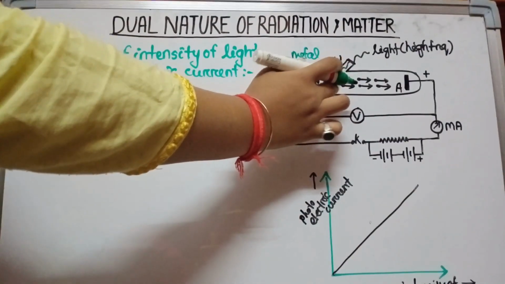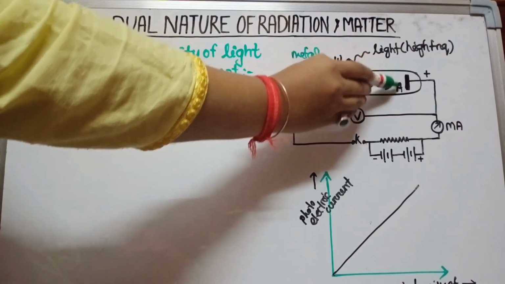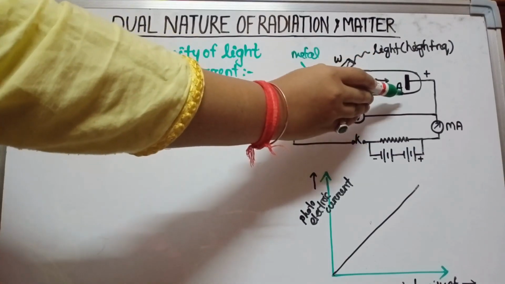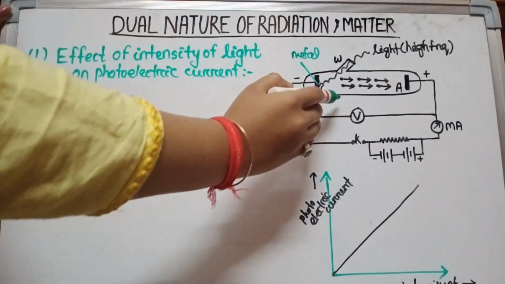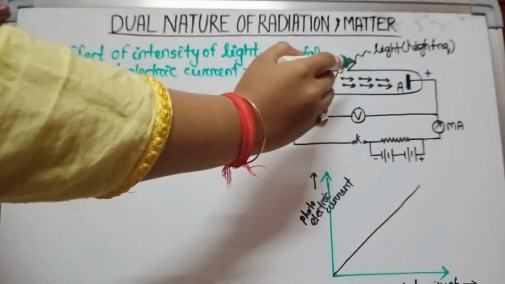The electrons are accelerated towards the positive electrode, the anode, so electric current is produced.